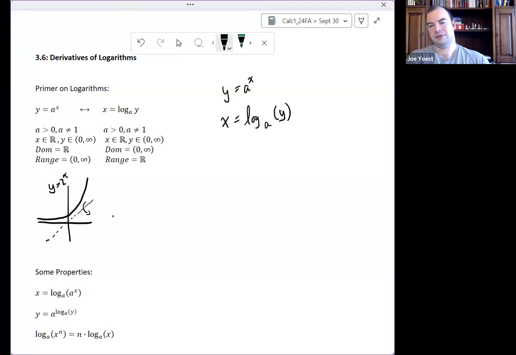If I were to flip this over the line y equals x, my function y equals log base 2 of x would look something like this. My exponential function goes through x equals 0, y equals 1. My logarithm goes through x equals 1, y equals 0.